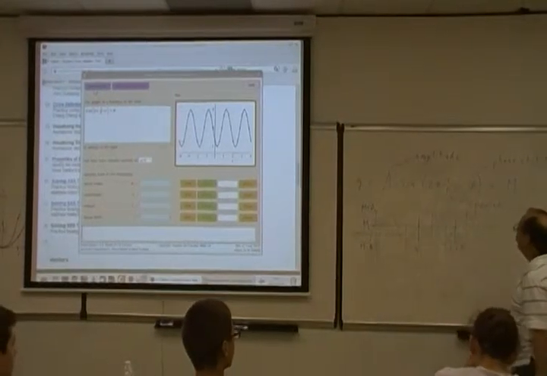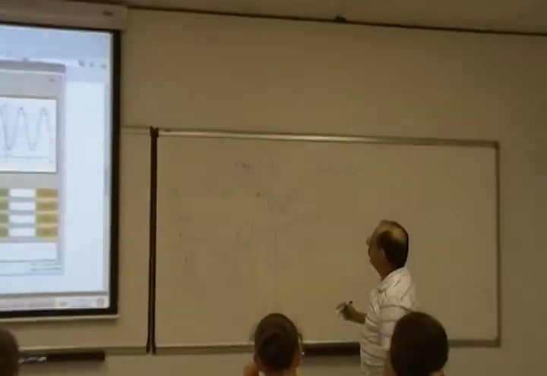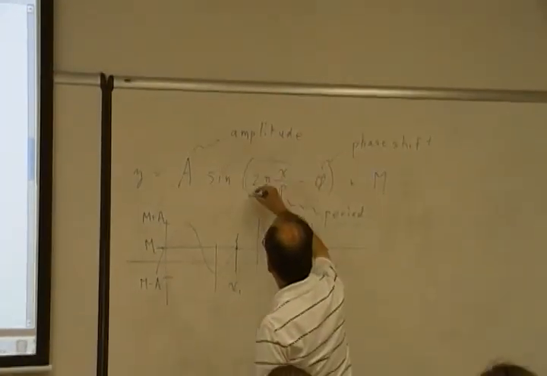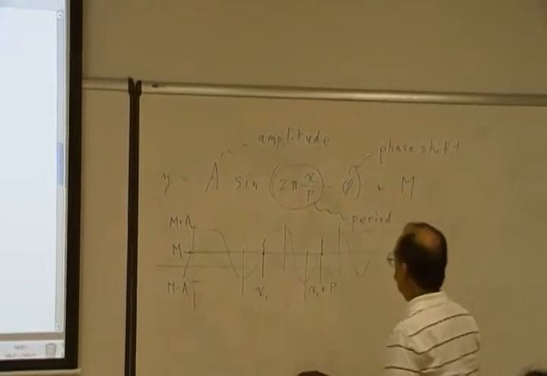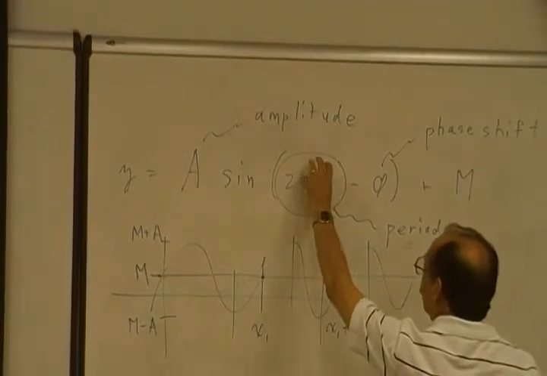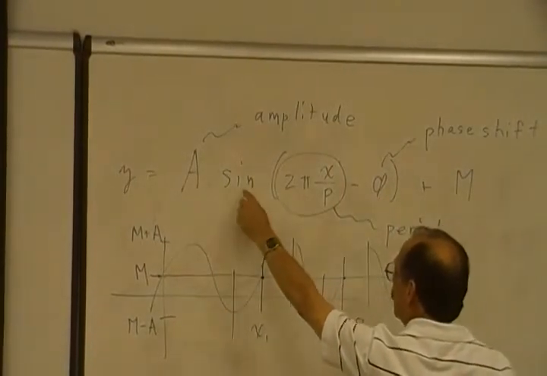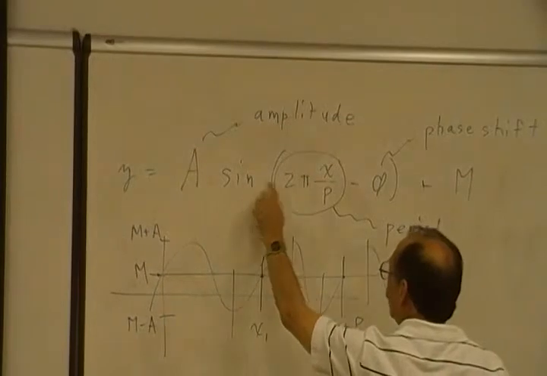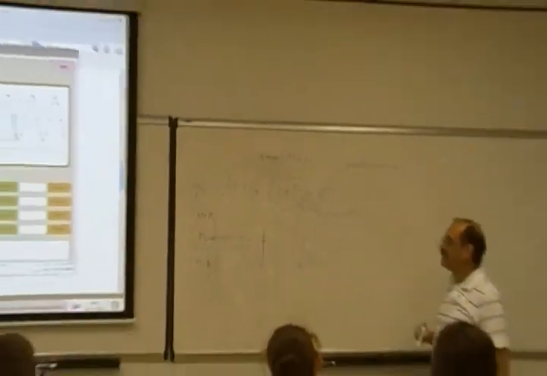Okay? So if this whole thing is equal to phi, you are at sine of 0. When this is equal to phi, phi minus phi would be 0. Sine of 0 would be 0. It's where you start your sine function.